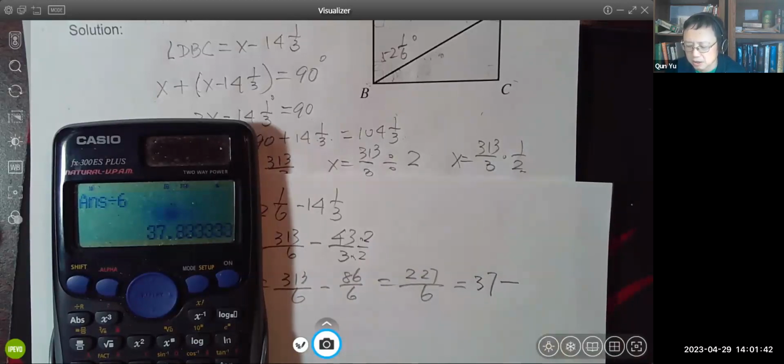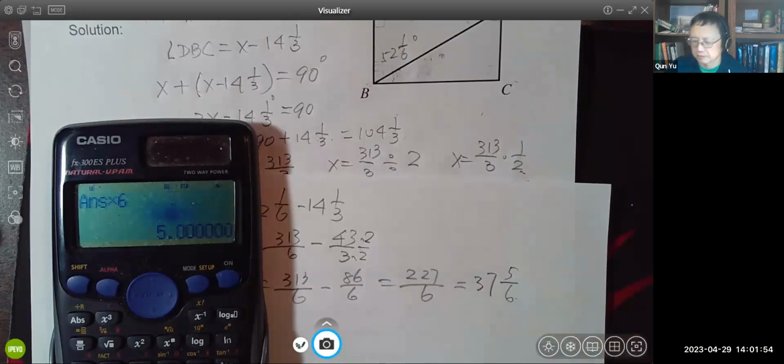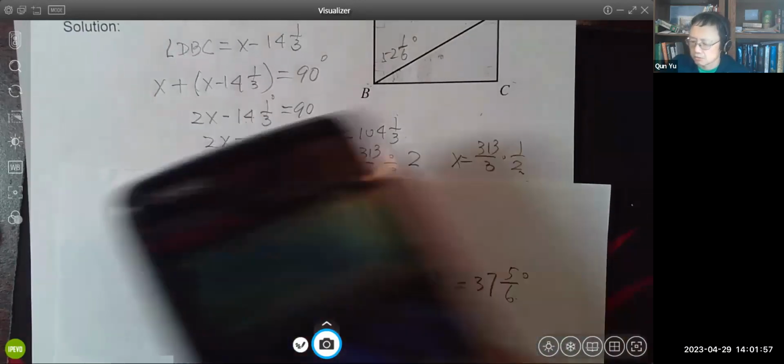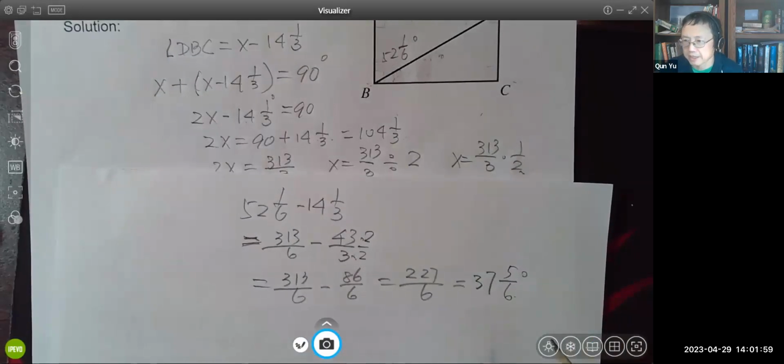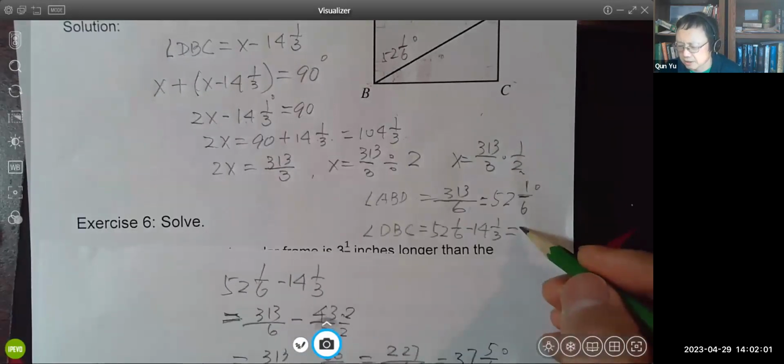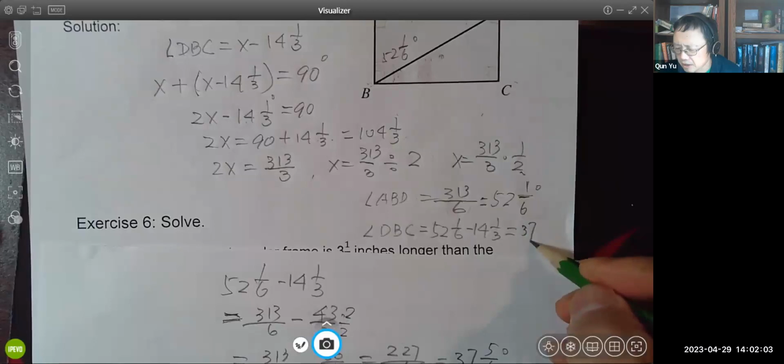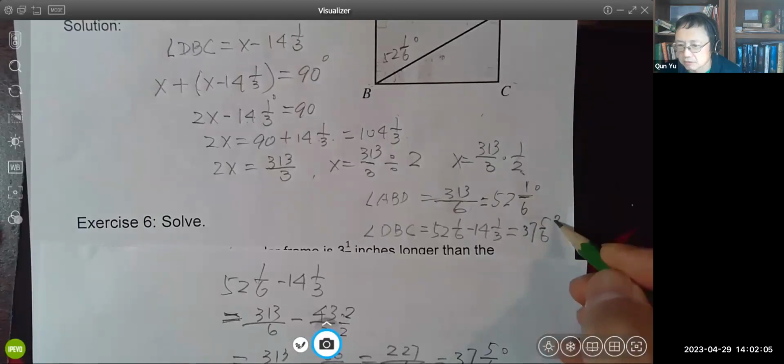So subtract 37 to get the decimal part, then multiply by the divisor, which is 6. That's 5. So put this back here. That's our answer: 37 and 5/6 degrees.